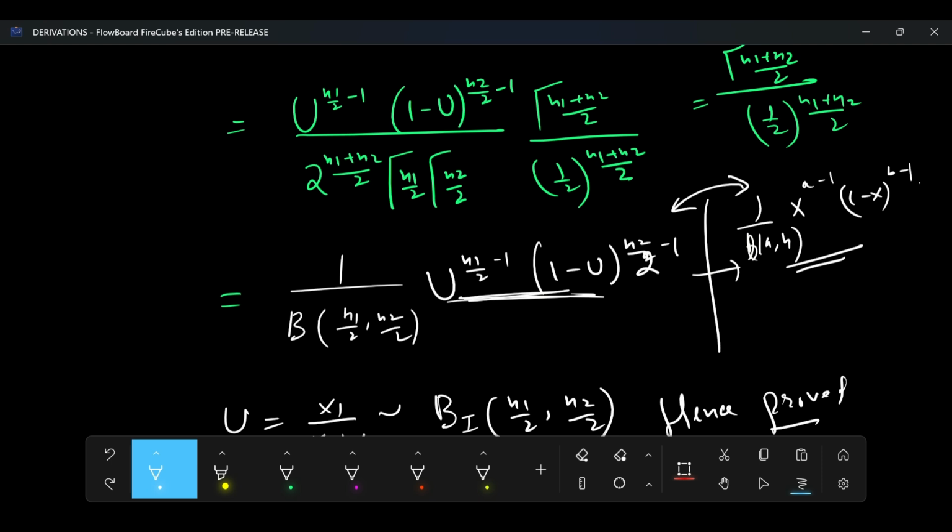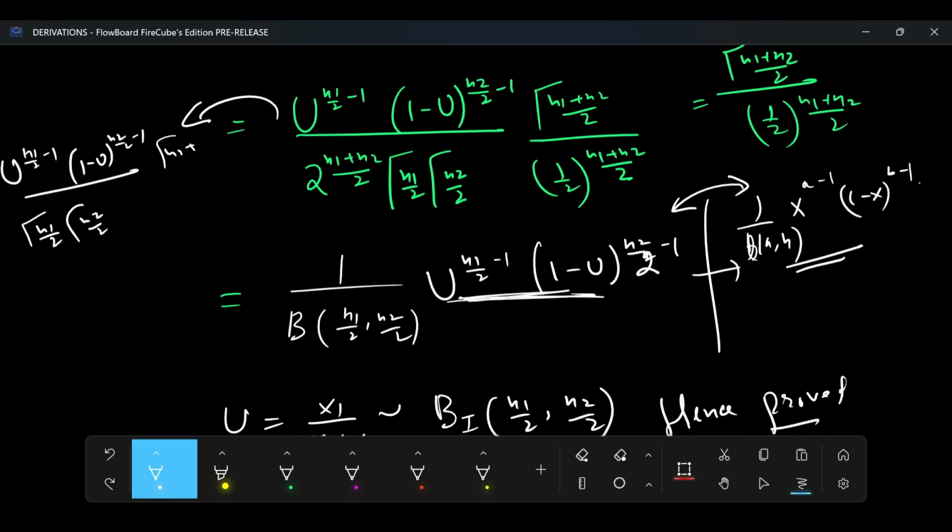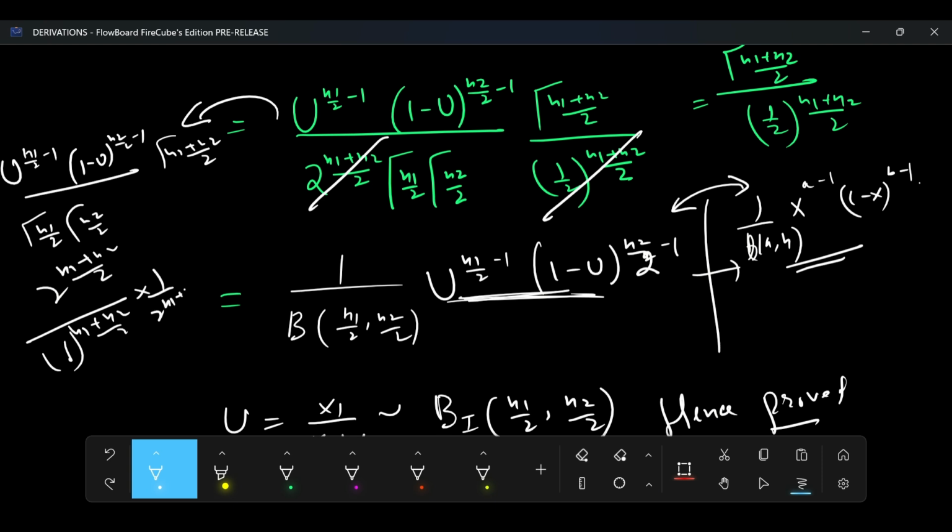The terms which will be cancelled out are u^(n1/2 - 1) (1-u)^(n2/2 - 1), gamma(n1/2) gamma(n2/2), and gamma((n1+n2)/2). And 1 by 2 is simply 1 raised to the power (n1+n2)/2, and this is 2^((n1+n2)/2) into 1 upon 2^((n1+n2)/2).